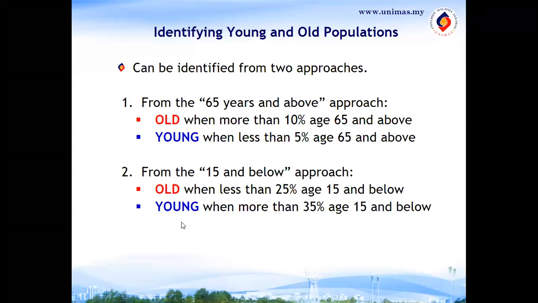Okay, and also using the second approach juga samalah, di mana the number of young populations are less than 25%. Yeah, this is because of the reduction in the birth rate. Ya, fertility rate di kalangan negara yang sudah maju adalah rendah.